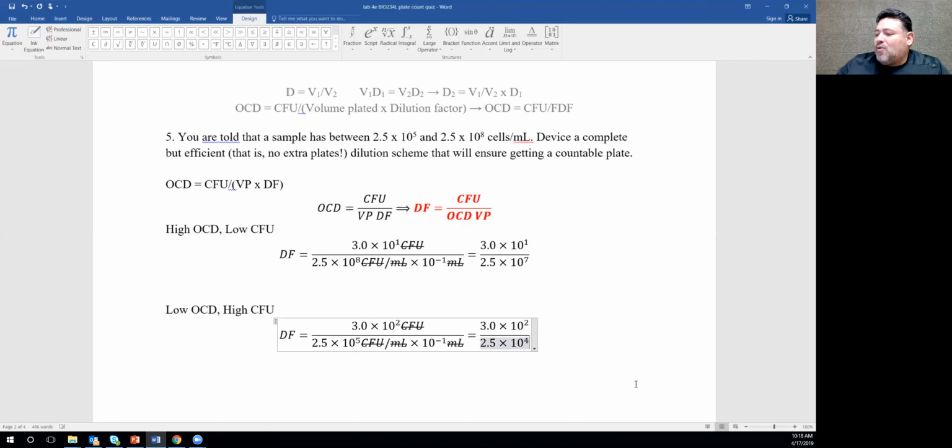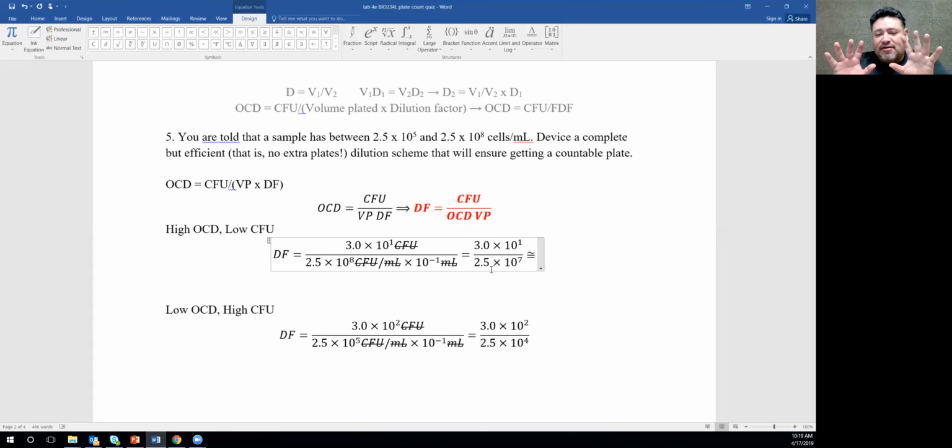Okay. Now what? Well, it turns out that 3 divided by 2.5 is suspiciously close to 1. So we don't care about that one. The reason we don't care is because in the dilution factor, we only care about magnitudes. In other words, powers of 10.